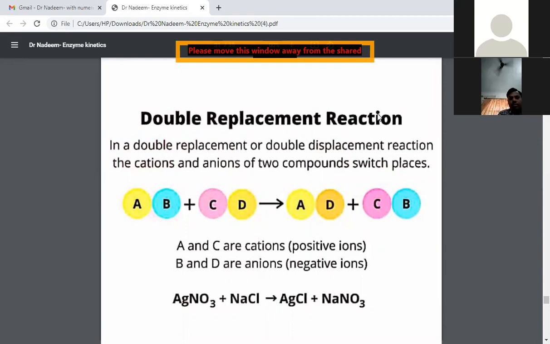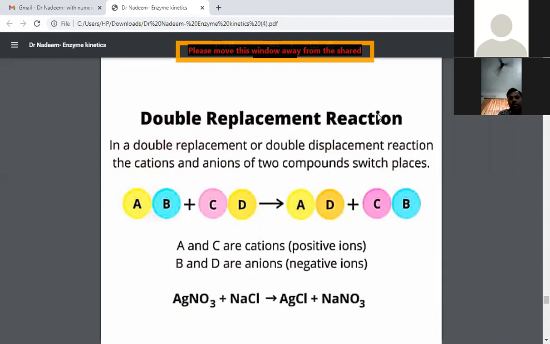They are only switching their places. One is positive, one is negative. Again, C is cation, D is anion. So they are exchanging their partner.